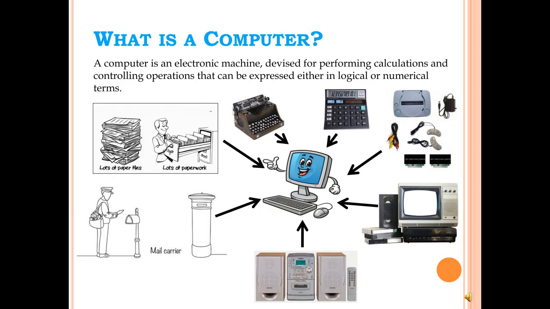There is another device that looks like a gaming console through which you can play games. There are two cassettes you can place in the console, connect to your television and play. There is another device called a typewriter and a calculator. The typewriter is used to type, and the calculator is used to do calculation.